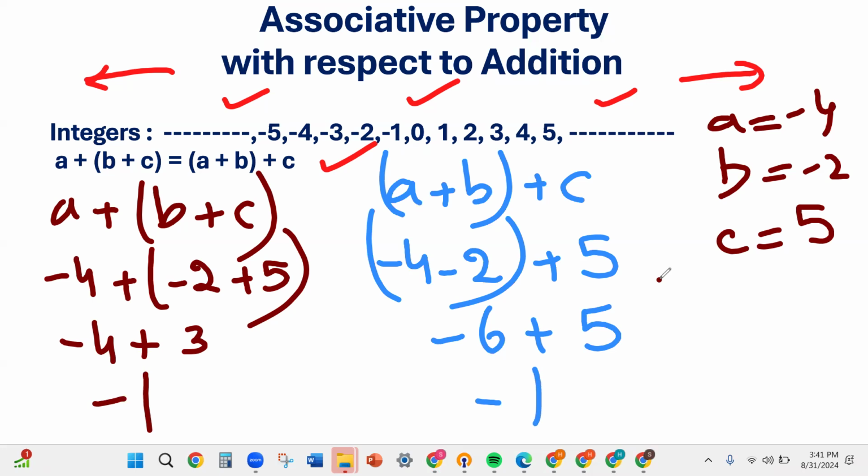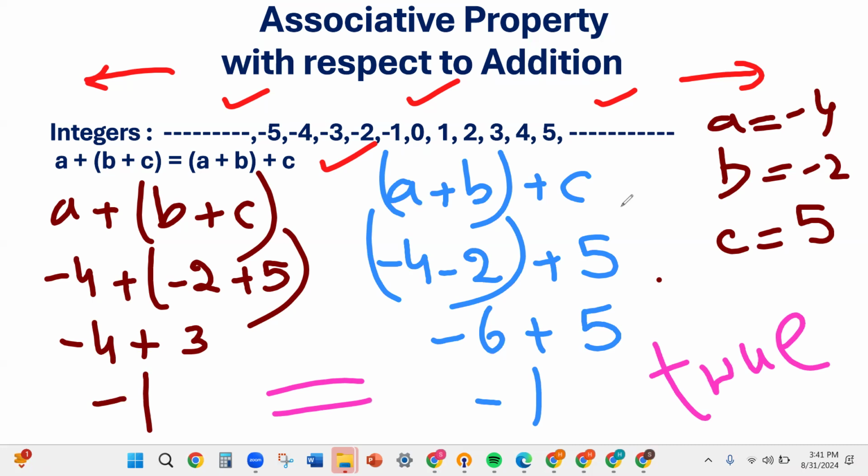Now you can see the left-hand side is equal to the right-hand side. -1 is equal to -1. So this property is true. This property is satisfied.